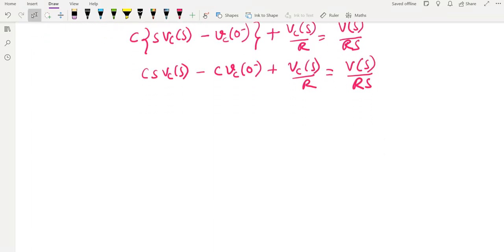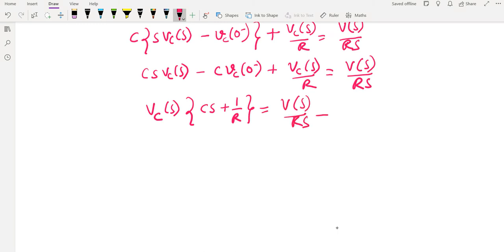Now we will arrange this. We will take the term Vc of s common. We get (Cs plus 1 by R), and on the other side comes V of s upon Rs plus C into Vc at 0 minus.